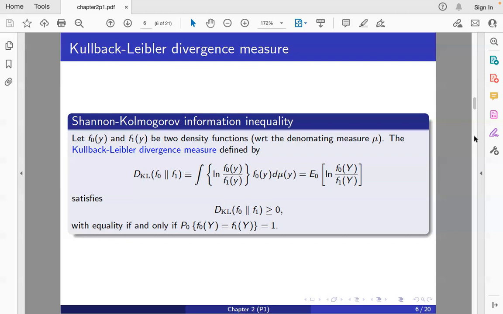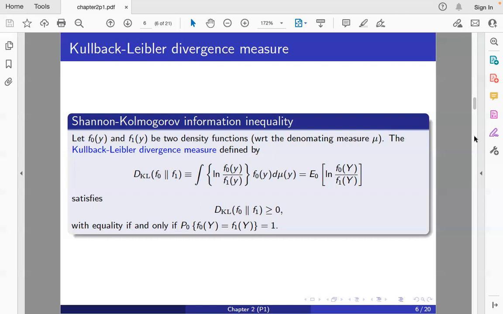The distance is on a log scale, first of all, and the evaluation should be taken at f0, the ratio f1 over f0. I'm not sure whether there's any other good way of explaining this concept.